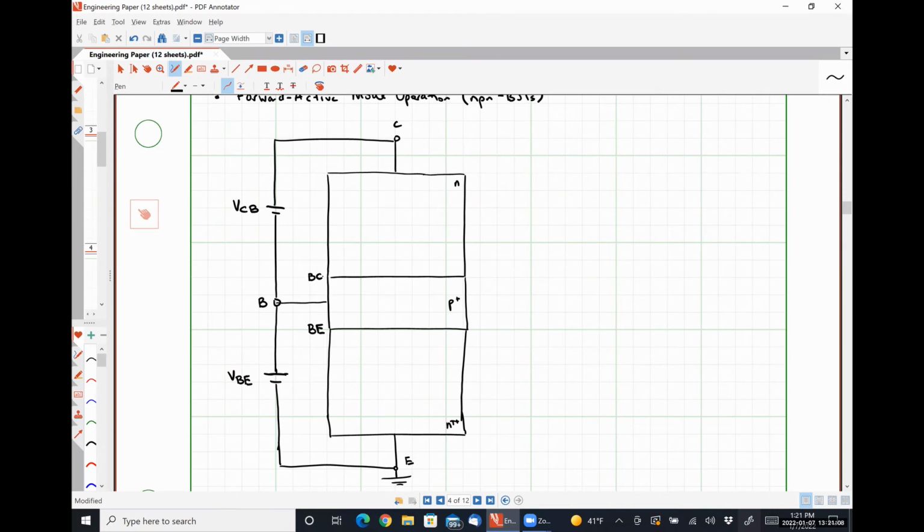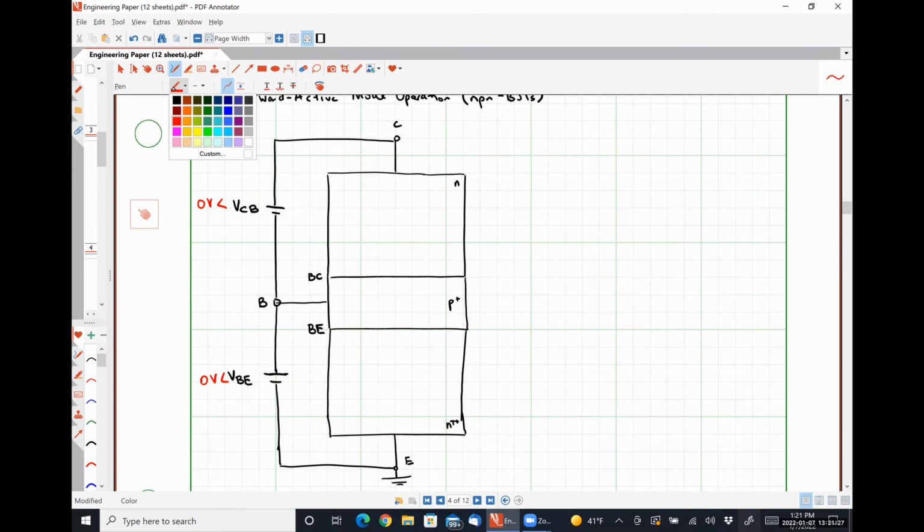Okay. So both of these voltages need to be greater than 0 volts for this to work correctly. All right.